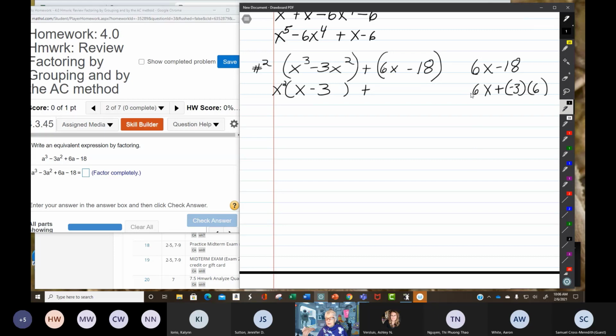Now both of these terms have a positive 6. So I factor that out to the front, and I'm left with x plus a negative 3, which is x minus 3. So that's what I've got here.